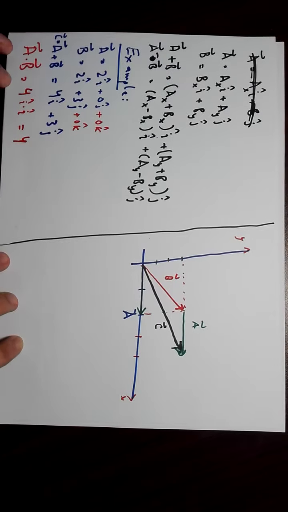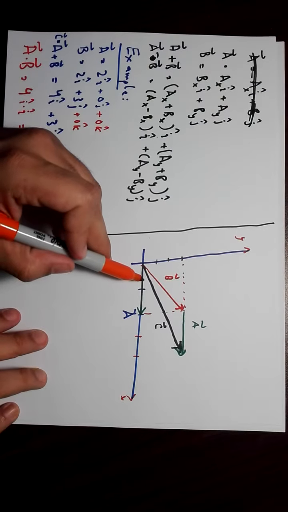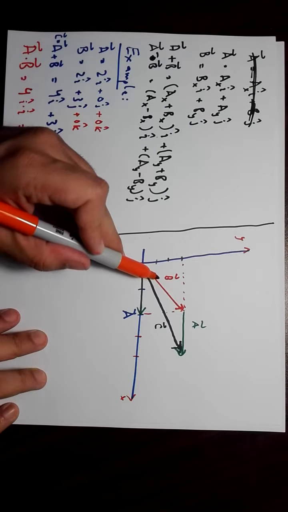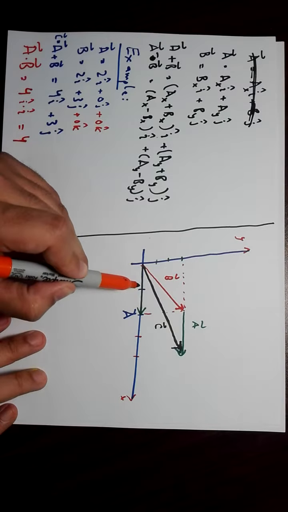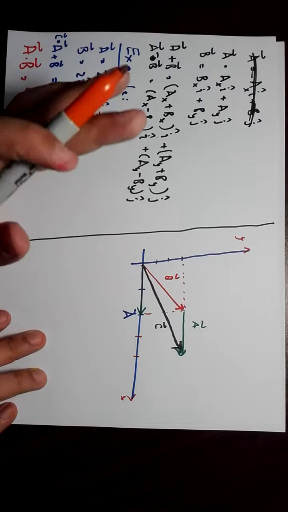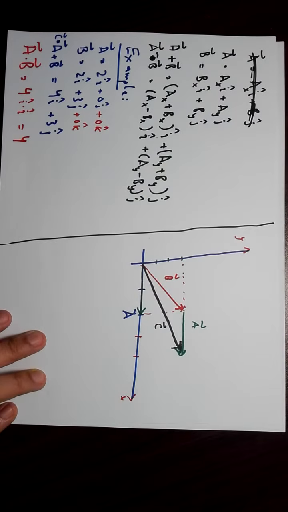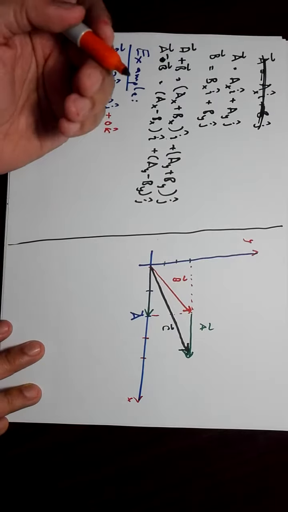Now the dot product is really useful if you want to find the angle between two vectors, right? Let's say you want the angle between A and B. In this case it's easy: the angle between A and B is just the angle that B makes with the x-axis. You can use trigonometric functions to calculate that.